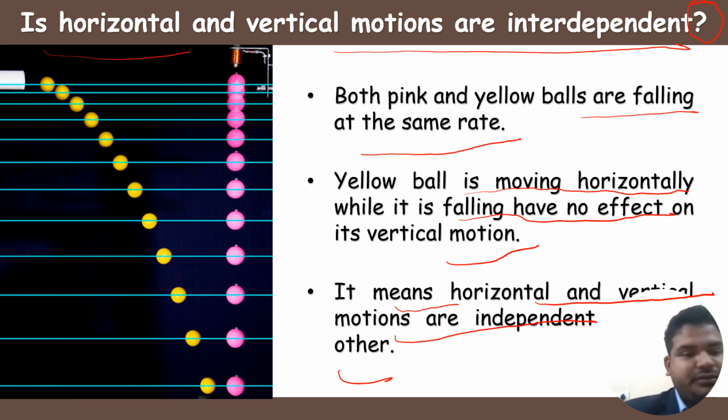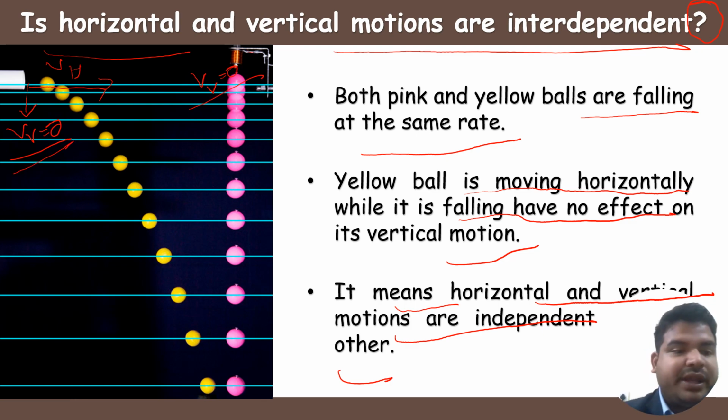How? Suppose the horizontal velocity is Vh and the vertical velocity Vv equals 0. And here also the vertical velocity is 0.